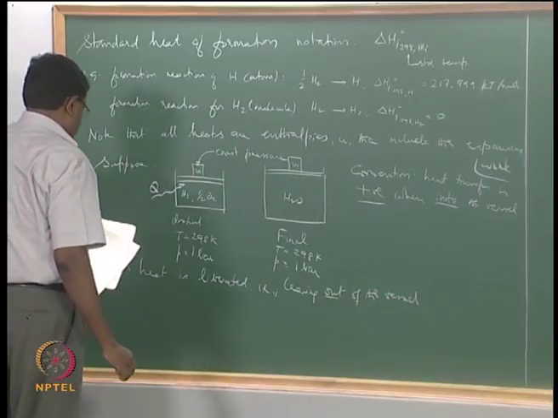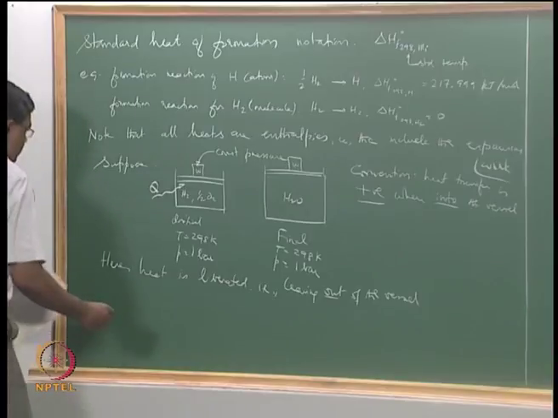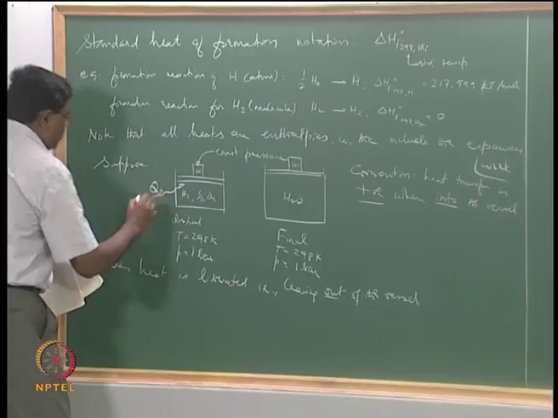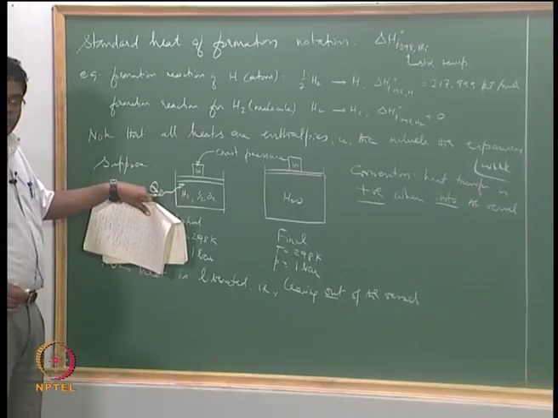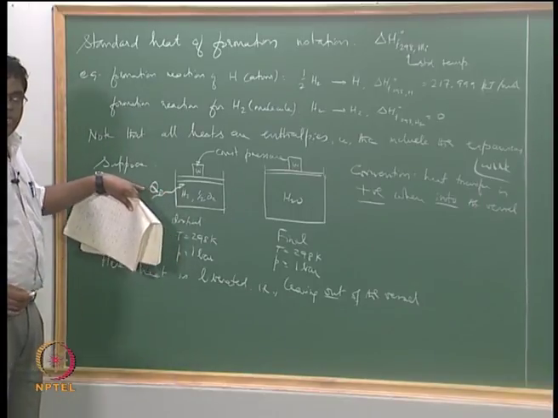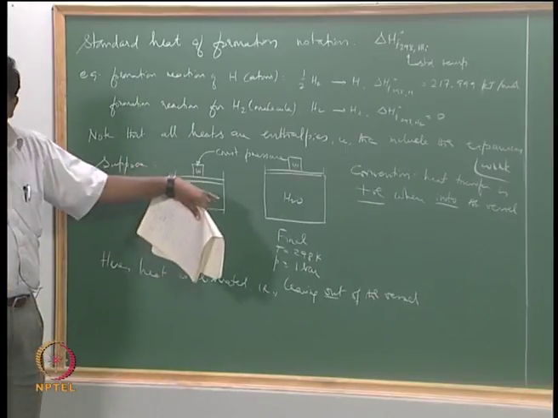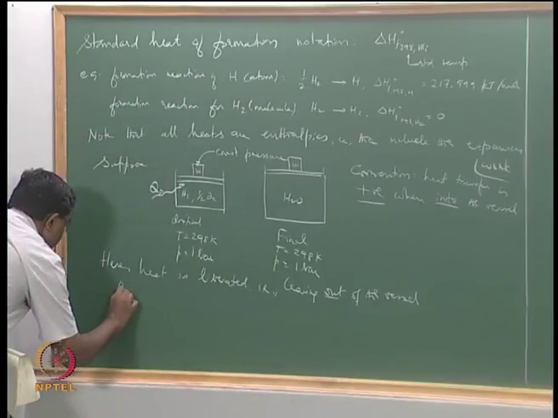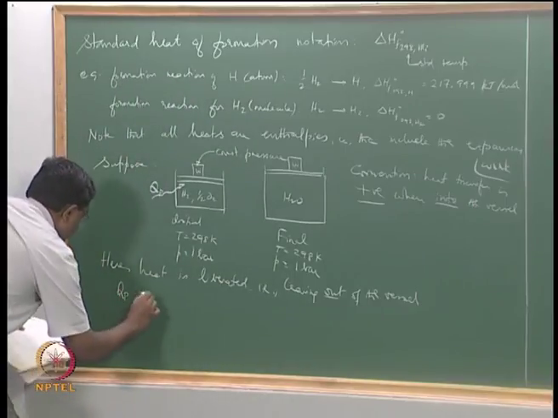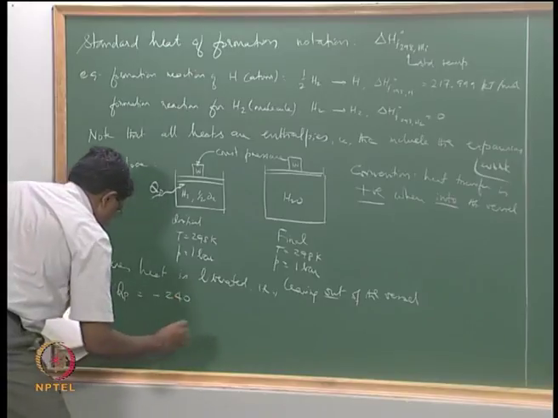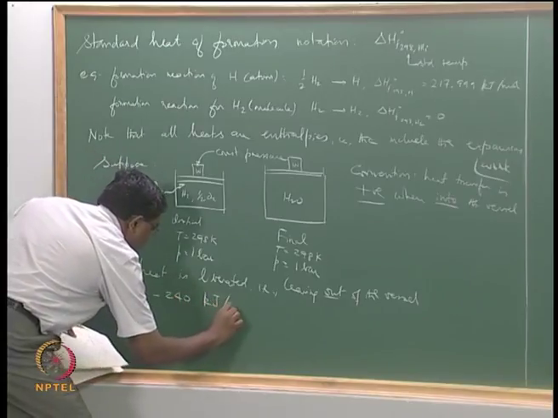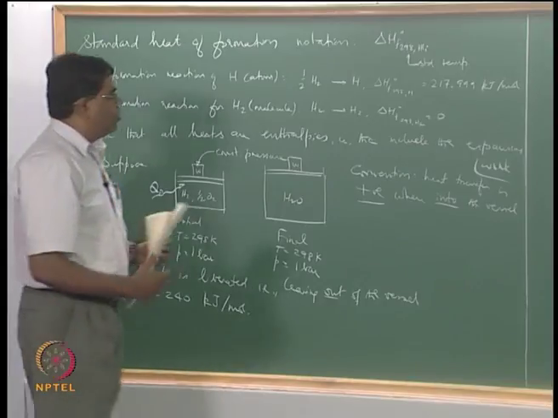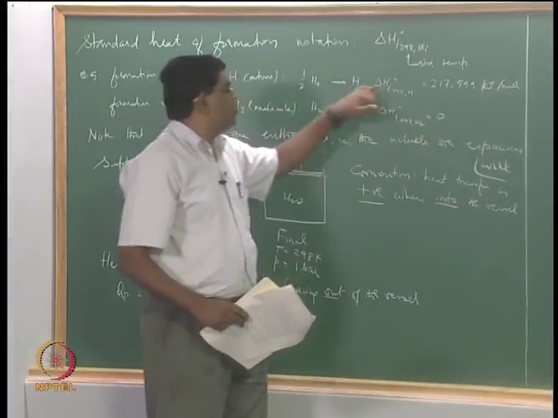And we'll also try to now make it QP. QP, with the subscript P, refers to the heat transfer at constant pressure. So QP is equal to negative 240 kilojoules per mole. When you say per mole, it's actually per mole of what is formed.